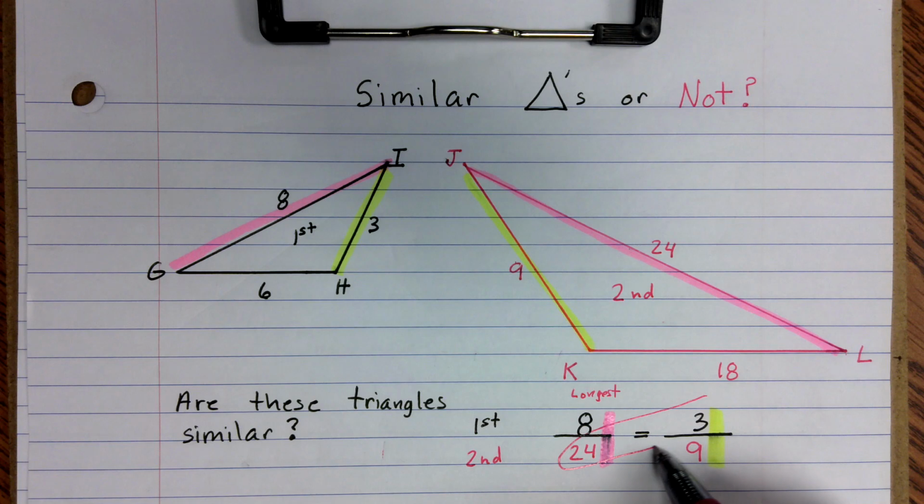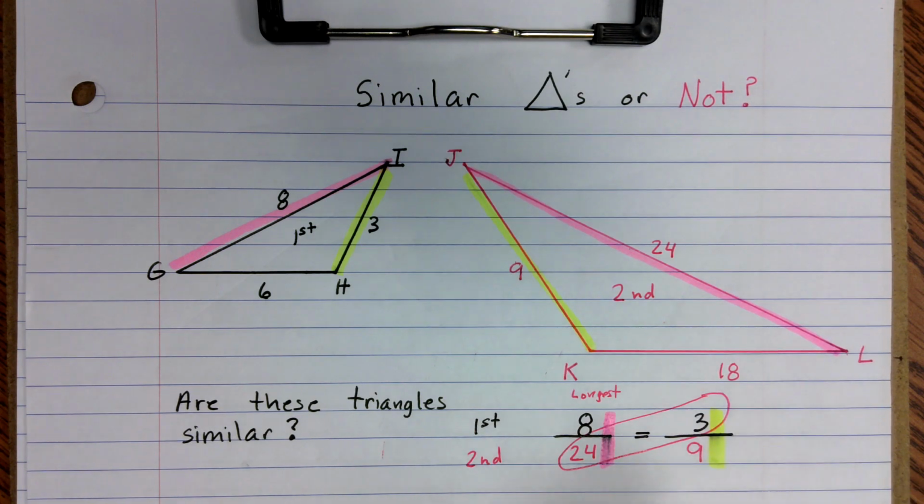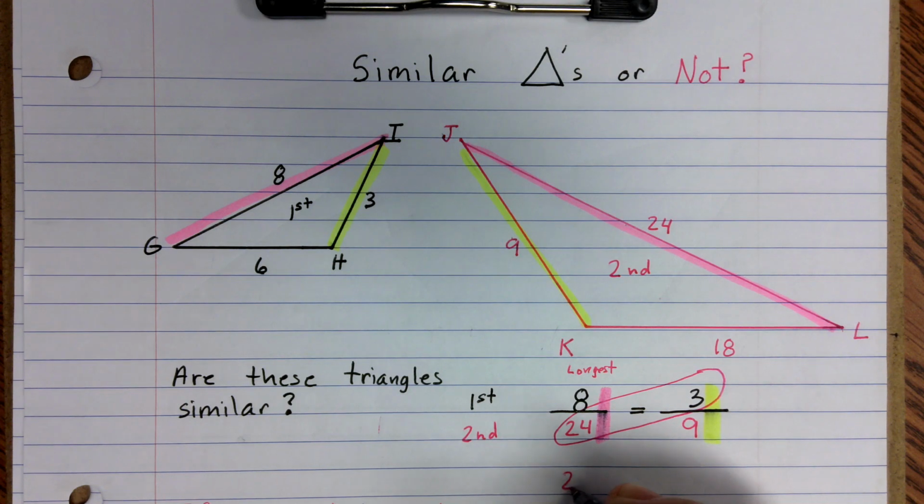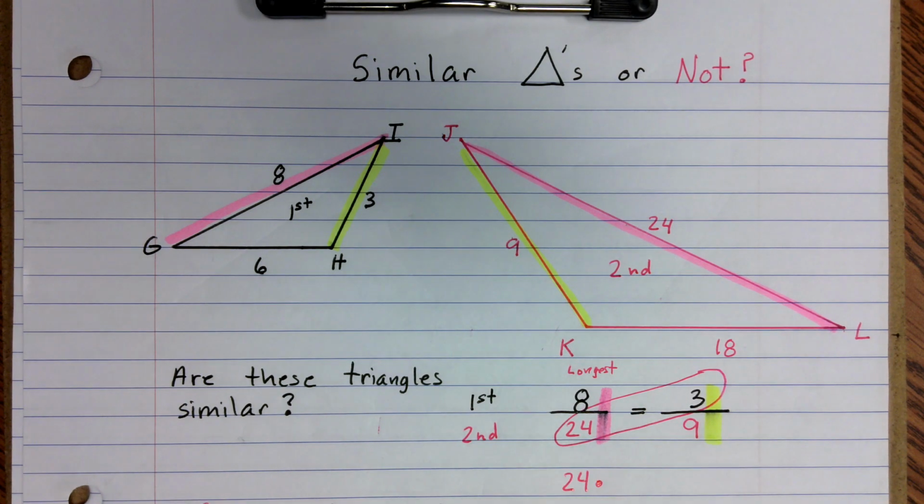And if these are similar, in other words, the sides are proportional to one another, then what's going to happen is I'll end up having the same value on both sides of the equal sign when I cross multiply. In other words, this is 24 times 3. I'm cross multiplying. Now I'm going to write it out just so you can see what's actually happened. I'm doing 24 times this value of 3.